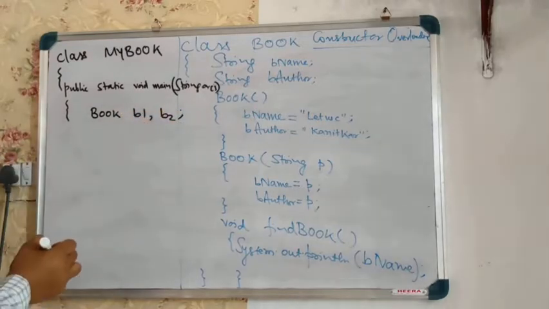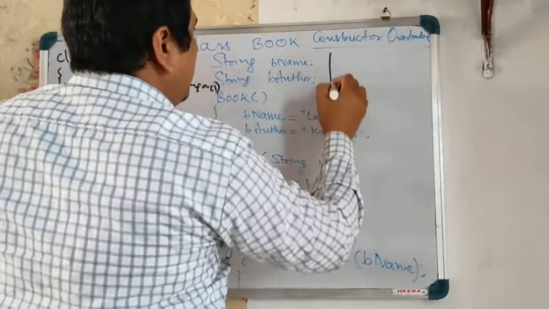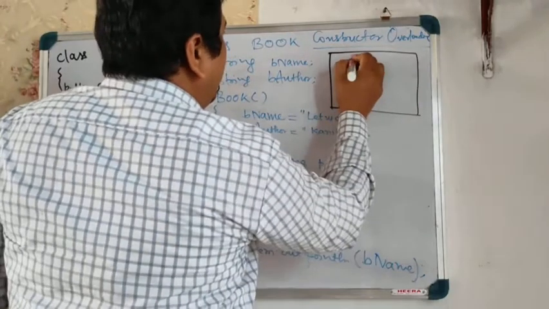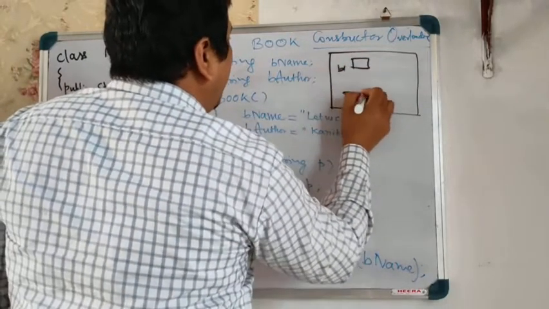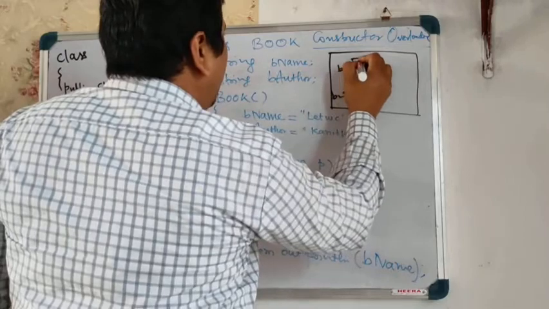So I have created two references now within memory. Now I have b1 and b2, both having null.